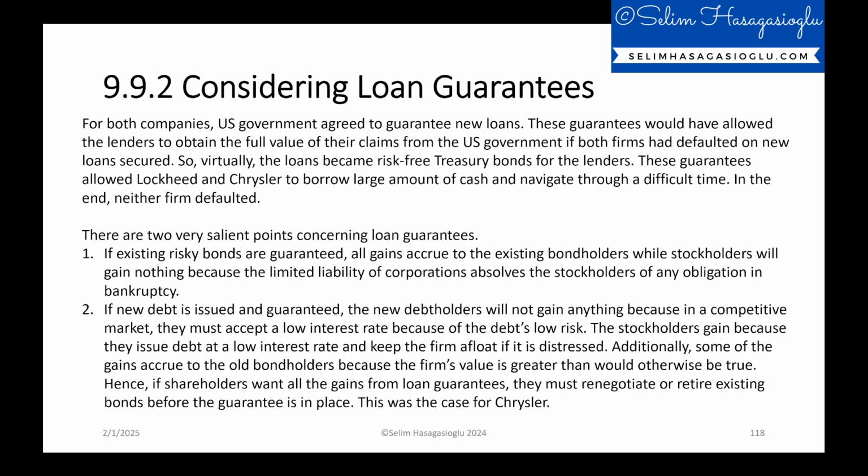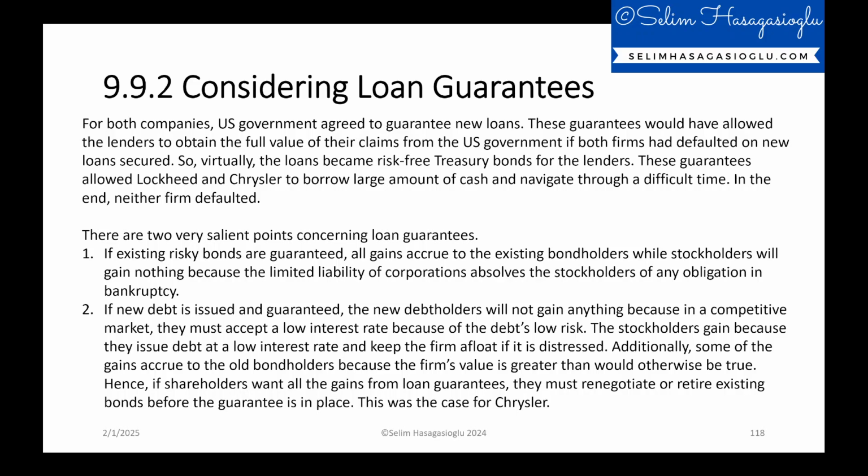There are two very salient points concerning loan guarantees. If existing risky bonds are guaranteed, all gains accrue to the existing bondholders, while stockholders will gain nothing because the limited liability of corporations absolves the stockholders of any obligation in bankruptcy. And secondly, if new debt is issued and guaranteed, the new debt holders will not gain anything because in a competitive market they must accept a low interest rate because of the debt's low risk.